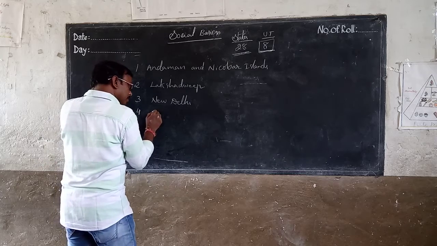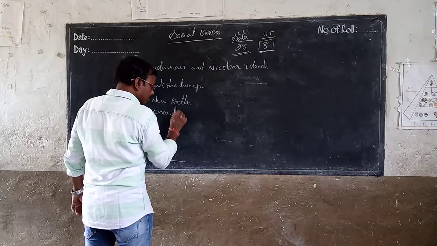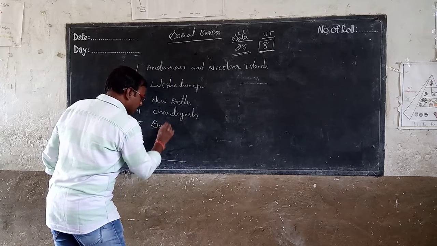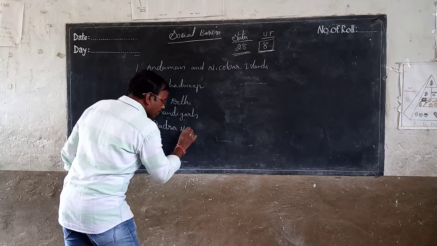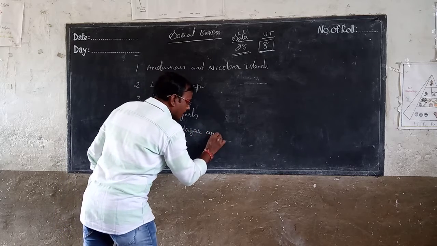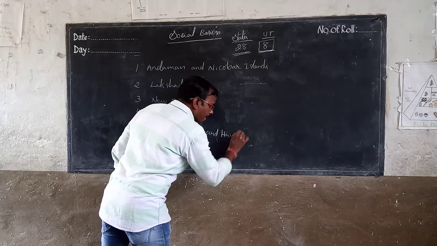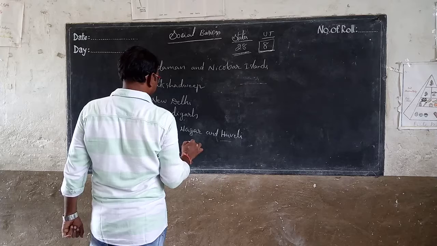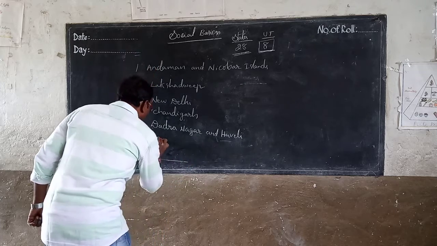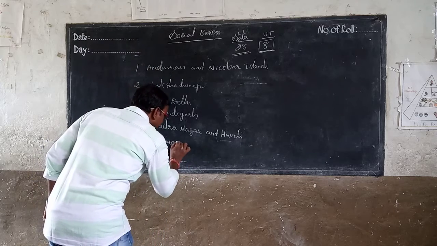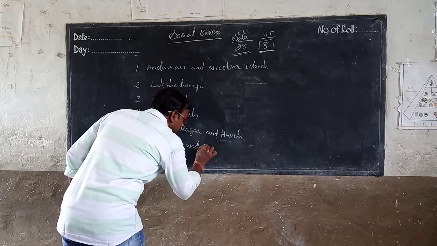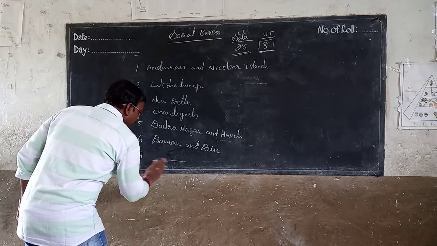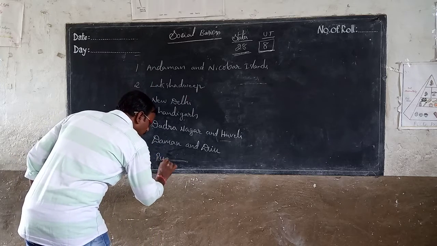Fourth, Chandigarh. Fifth, Dadra Nagar Haveli. Sixth, Daman and Diu. Seventh, Puducherry or Pondicherry.